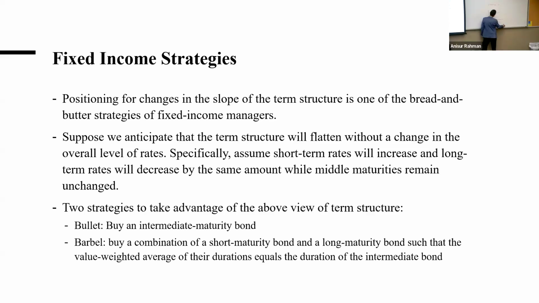I didn't draw it properly. So let's say this is the middle point. So it flattened, short-term rates increased, long-term rates decreased. And can you think of economic situation when this can happen?